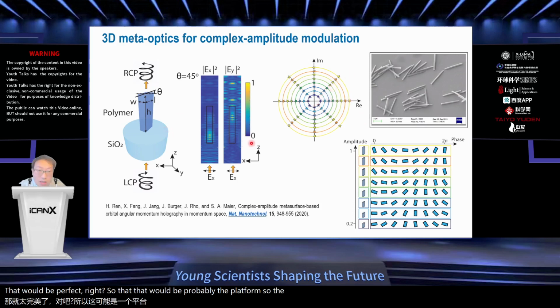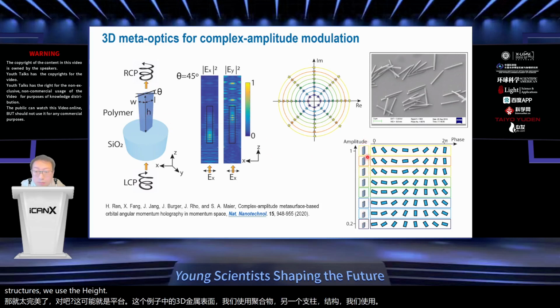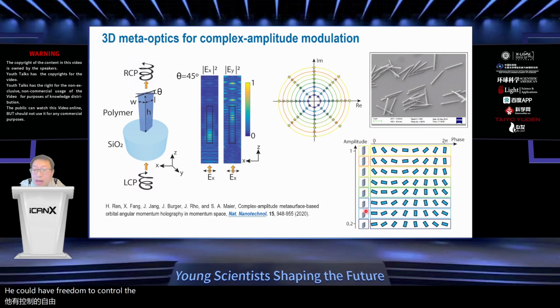So the 3D metasurfaces are the example here. We use polymer nanopillar structures, and we use the height degree of freedom to control the amplitude response. We make the structures anisotropic, like this truncated waveguide pillar, right?